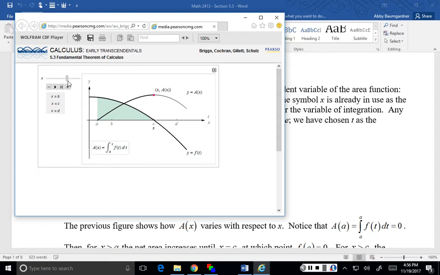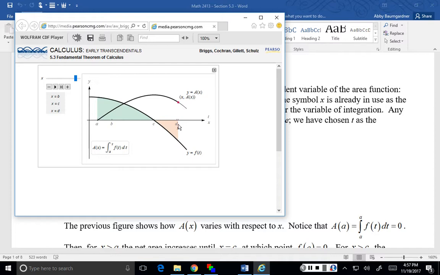But once we hit c, notice that our area function starts dropping, and the reason for that is that the area under the curve, or in other words, between the curve and the x-axis, is now negative because my curve is below the x-axis. Remember, we're trying to find the area between the f of t curve and the x-axis, but it's net area.